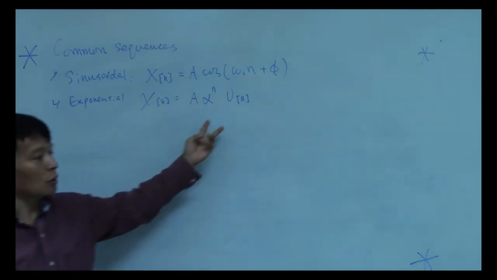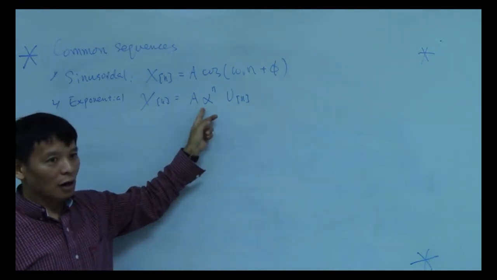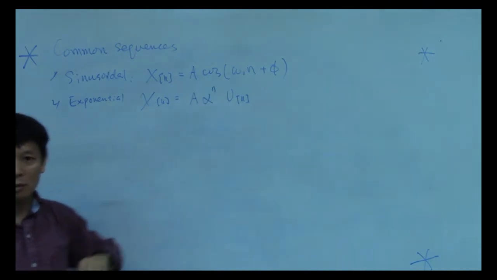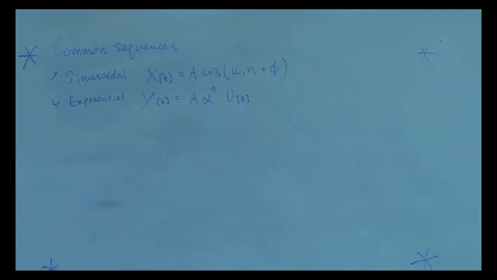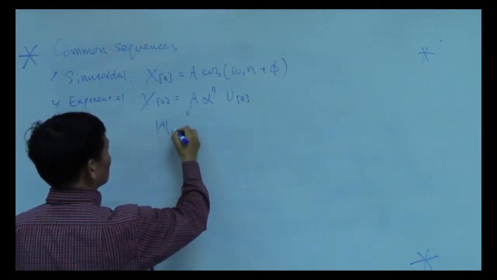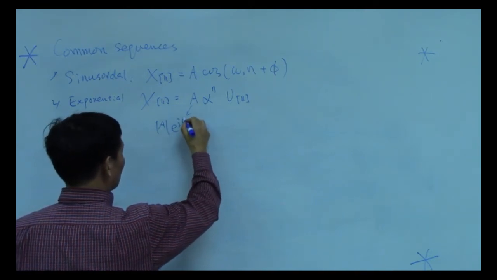So this is called a right-sided signal. It's only to the right. A times alpha, which is a constant complex number, raised to the power of n. Usually this A is also complex, so it equals amplitude times e to the j phi A.